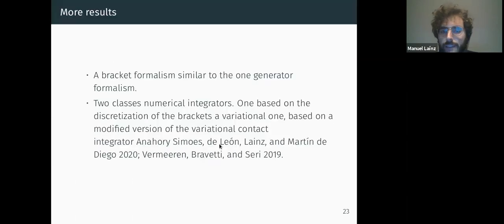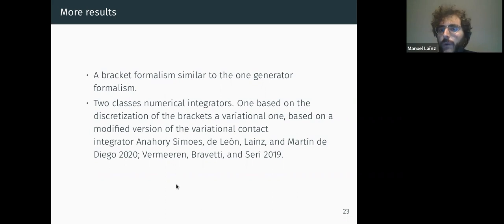There are more things that I left out of this talk, which we wrote about in the last article. One is a bracket formalism similar to the GENERIC bracket, which is related to the bracket of the Jacobi structure, but it is not exactly that one.